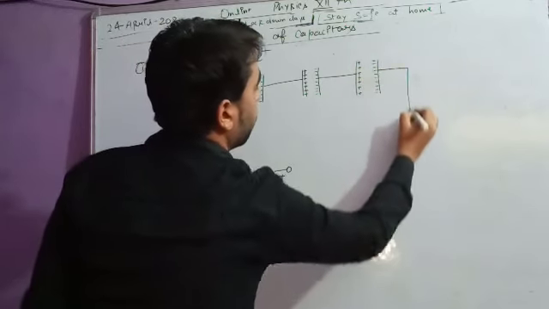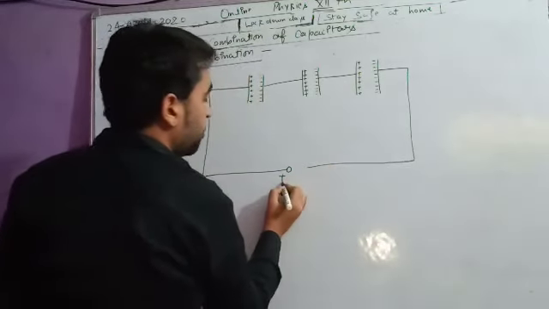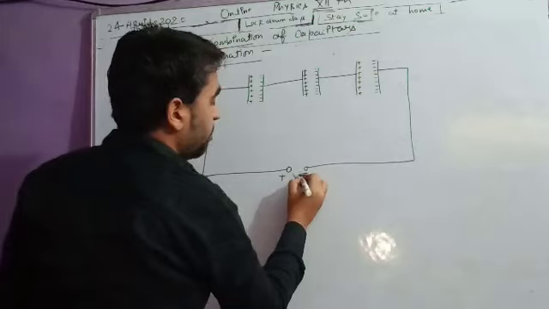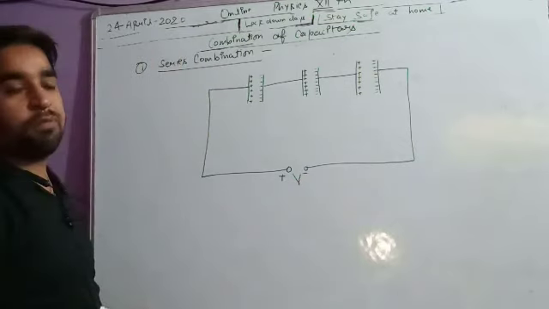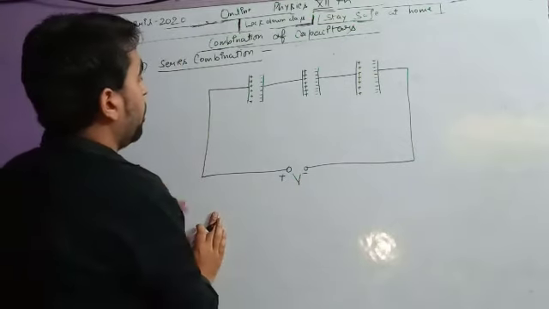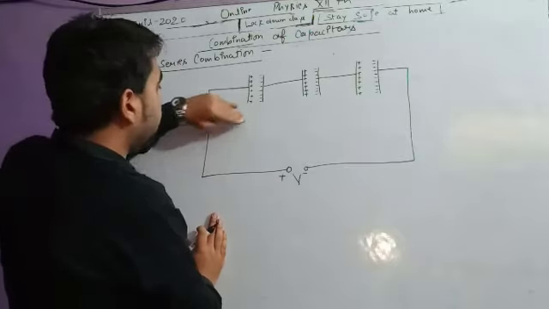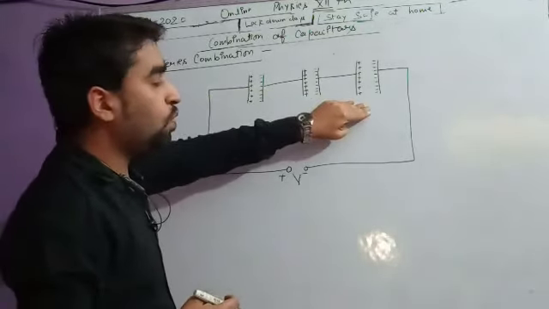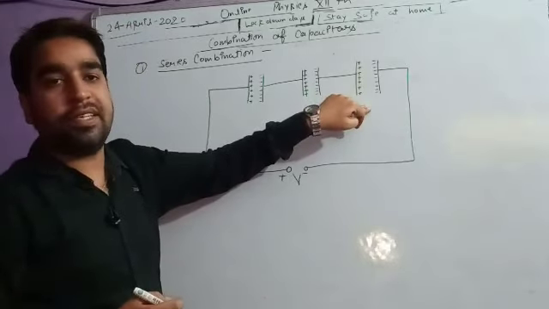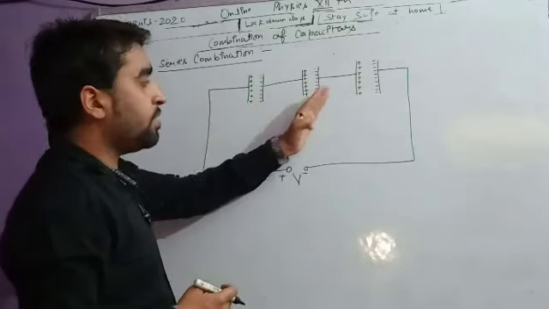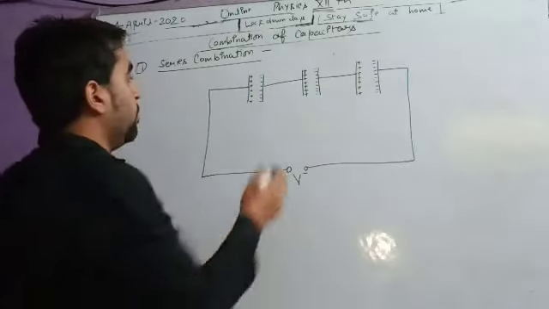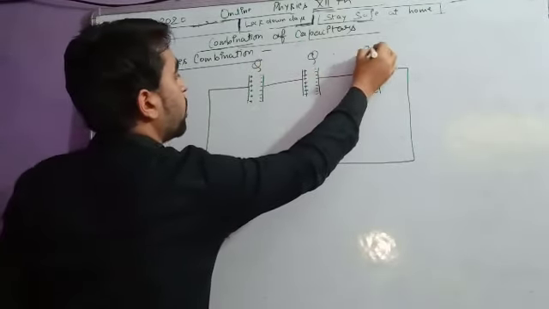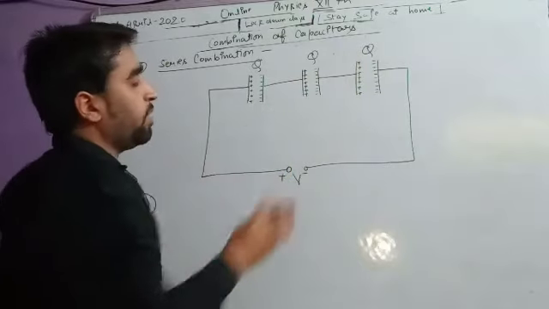Now suppose I have connected this, and because this potential end was positive, this end should be negative, and say the total potential difference is V. Now students, one thing is very clear: the charge stored by each and every capacitor is equal, because these are induced charges and induced charges are equal. So suppose all the capacitors have charges Q, Q and Q respectively.